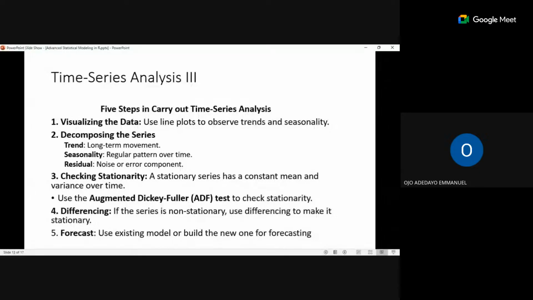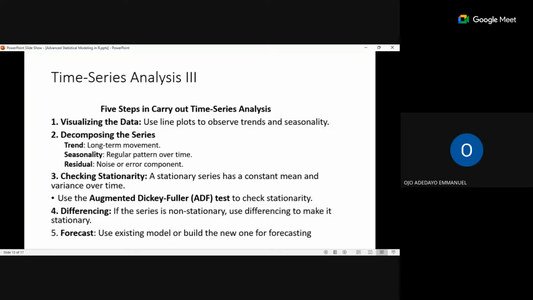The one that is more or less like adjusted R square here is the augmented Dickey-Fuller test. Two people came together, Dickey and Fuller, so the joint name is the Dickey-Fuller. The augmented Dickey-Fuller test is a test in time series that we normally use to check the stationarity, or the normality, of a particular data.